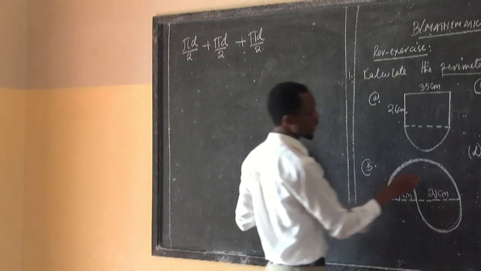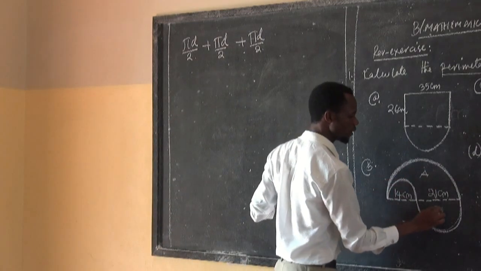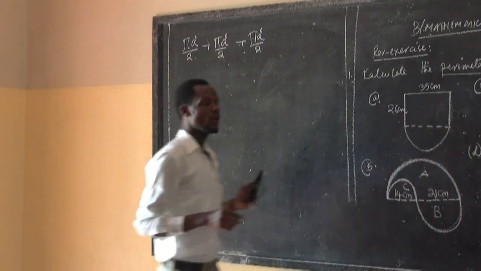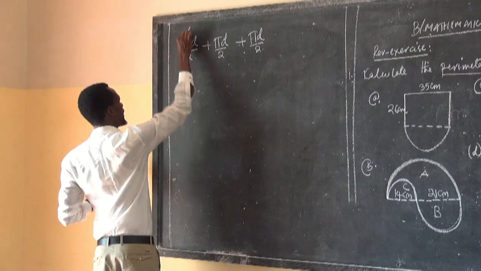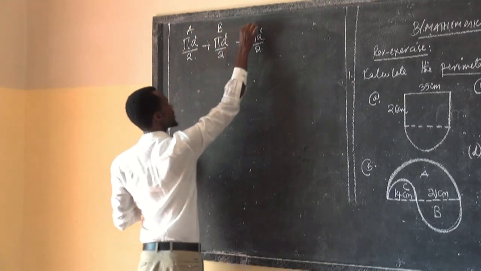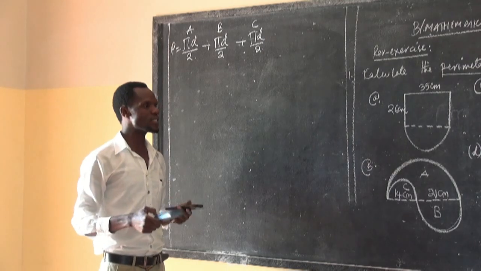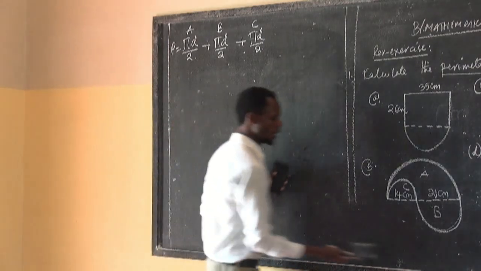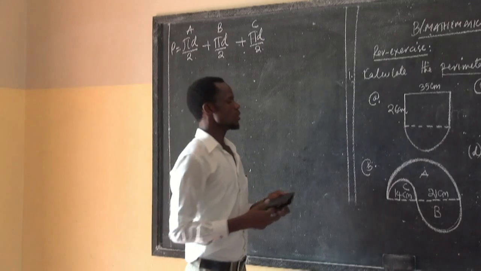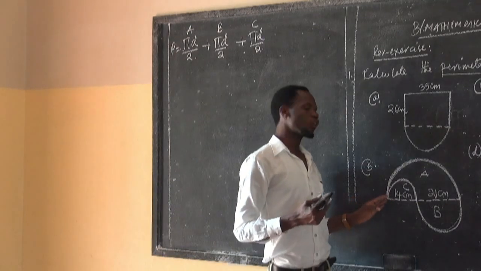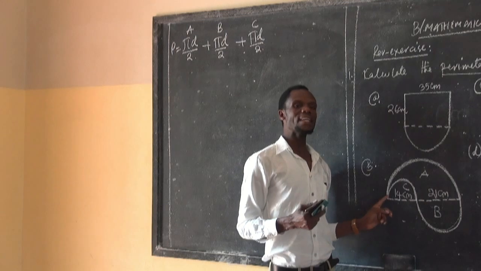If now this is the A, this is the B, this is C. This is perimeter. But the difference here is what we call the diameter.